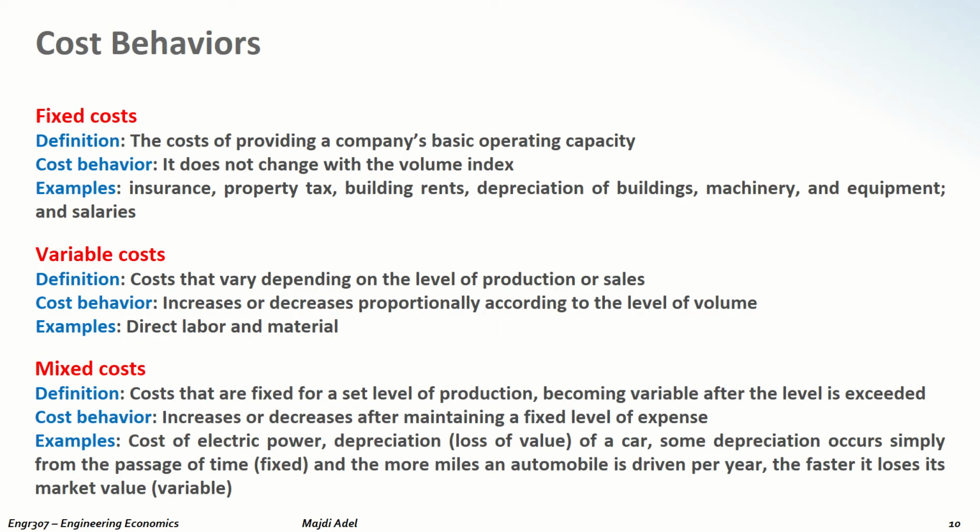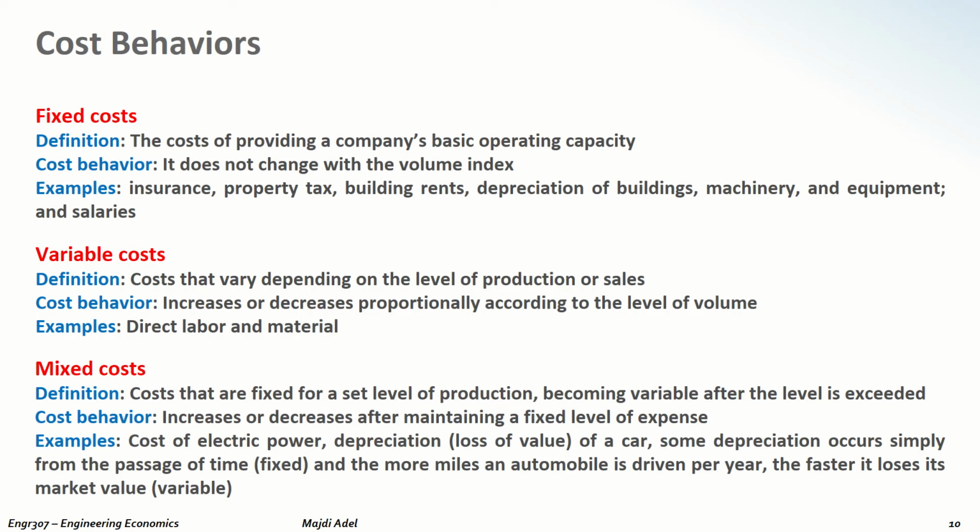One part of depreciation is due to time, which is fixed. For example, a car will lose 5,000 each year of its value because of time. And the variable part is the kilometers traveled. For example, a car that has traveled 10,000 kilometers has a different value than a car that has traveled 50,000 kilometers. So the variable part depends on the kilometers traveled.